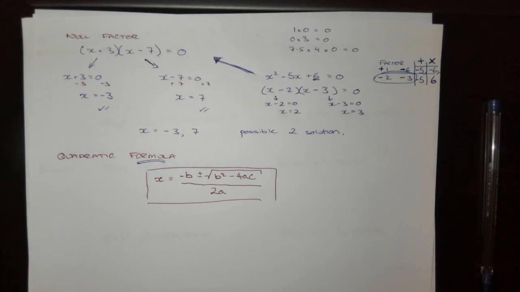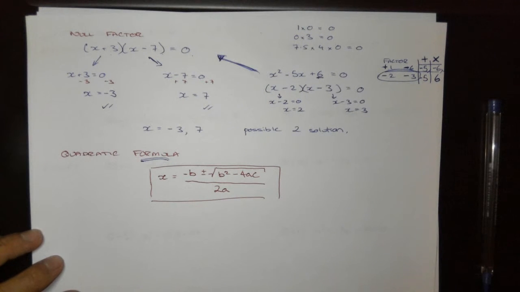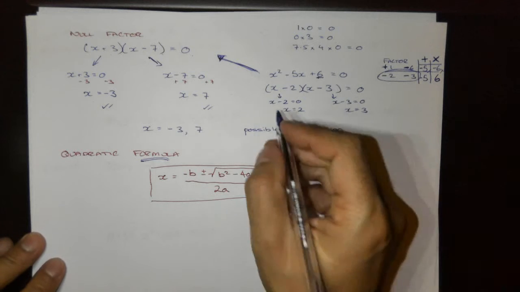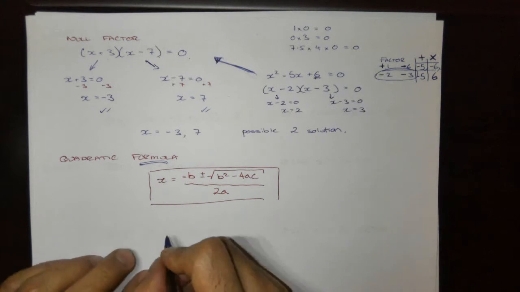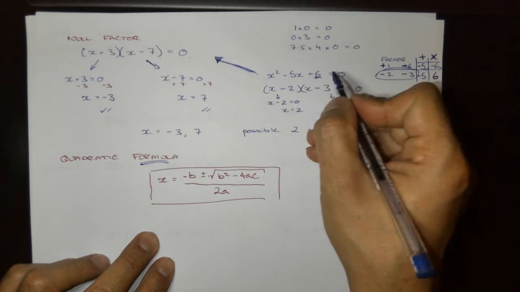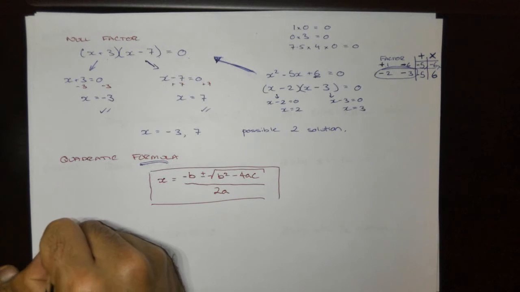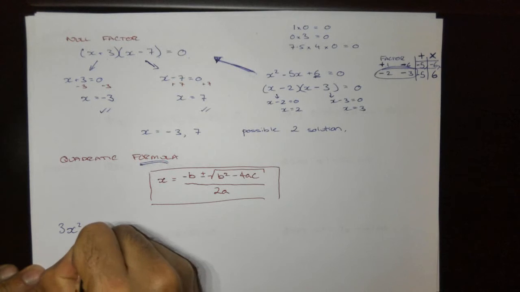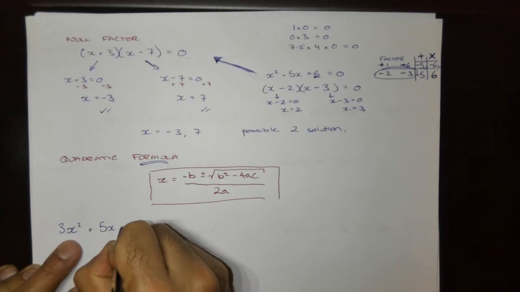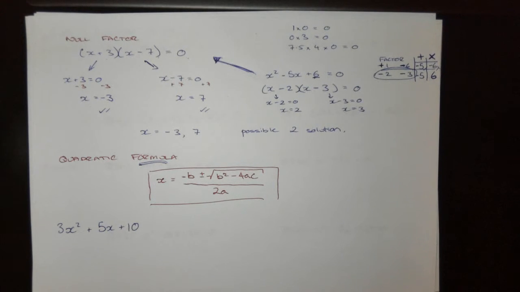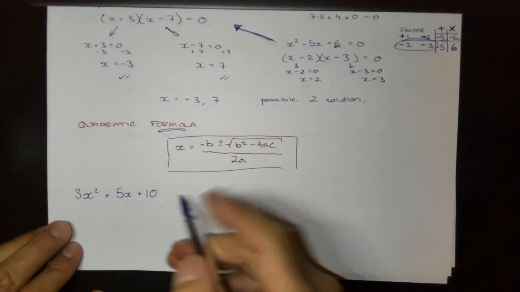And you go, there's all these letters, how do I solve this out? So, when we give you a quadratic, you put it in order from x squared, then x, then a number. So let's say 3x squared plus 5x plus 10. All right, I can't factorize that, and we set that to 0.